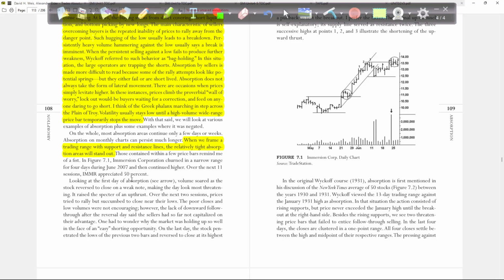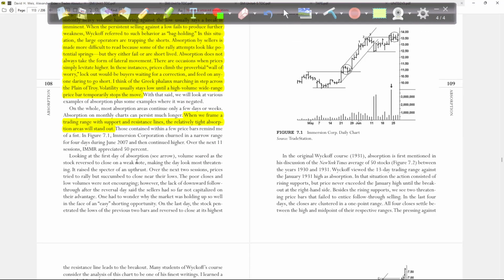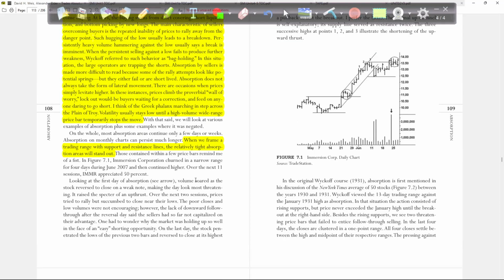Looking at the first day of absorption, C arrow, volume soared as the stock reversed to close on a weak note, making the day look more threatening. It raised the specter of an upthrust.